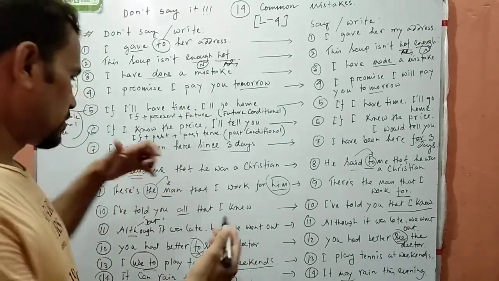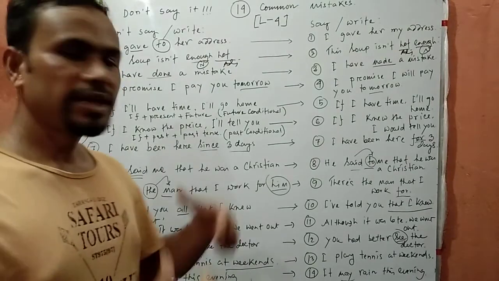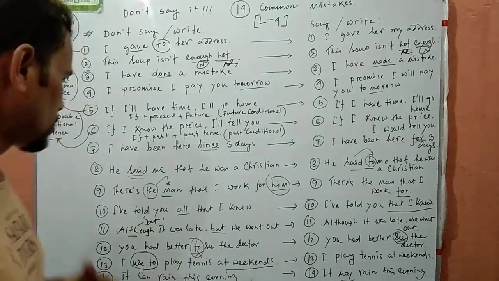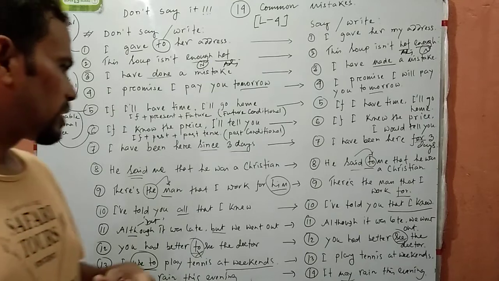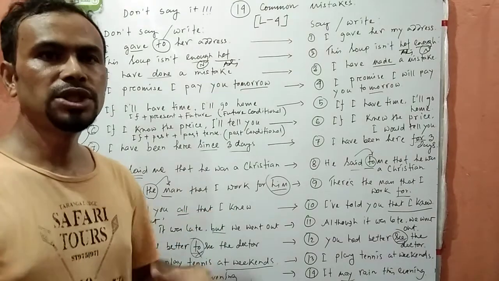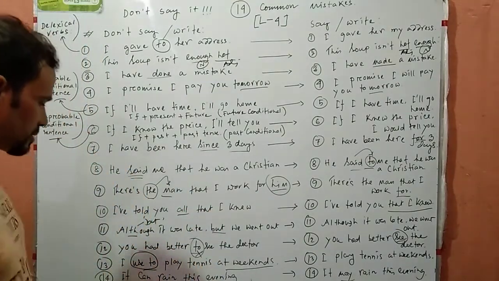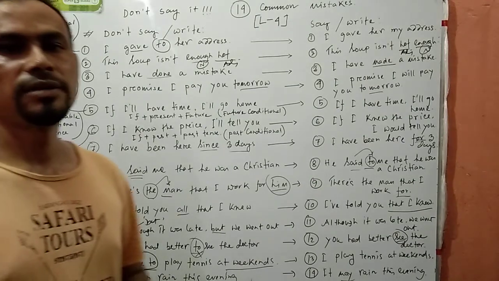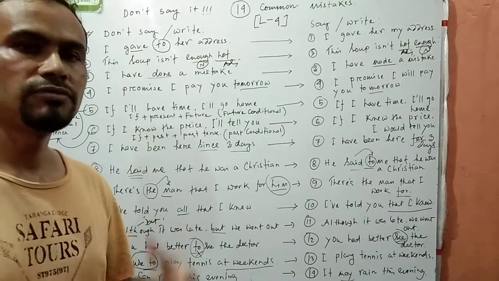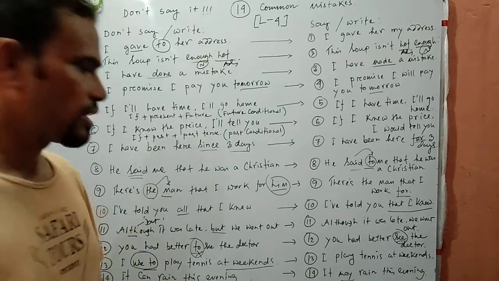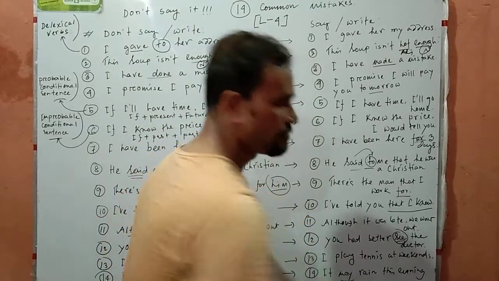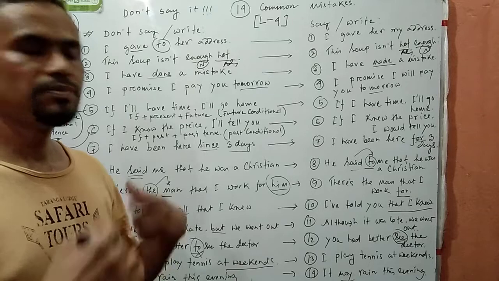In case of possibility, we naturally don't use can. We use may all the time in case of possibility. So the correct sentence is, it may rain this evening.